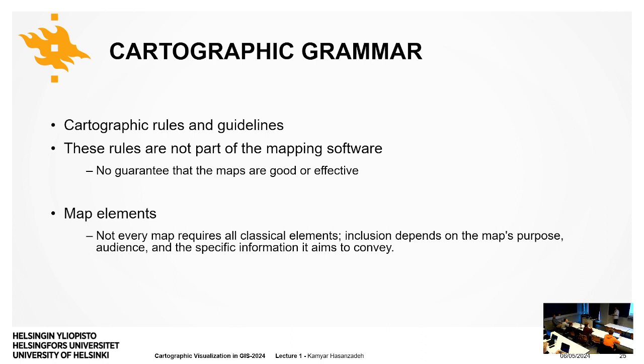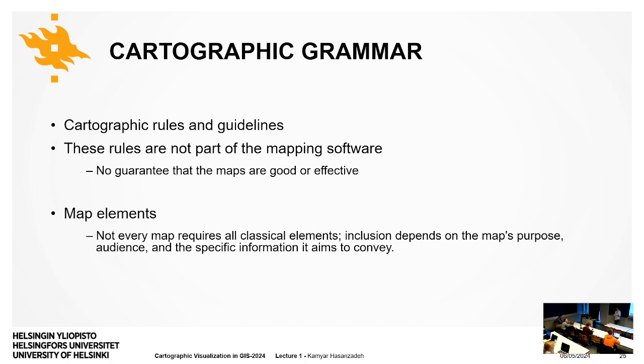Like I mentioned a couple of times already, there is software like QGIS, ArcGIS, and many more that make creating maps rather easy. Making a good map is not easy, but technically speaking, making the map is a little bit easier. The learning curve is a bit different nowadays. But there's one limitation: there's no guarantee that the map you make is good or effective.